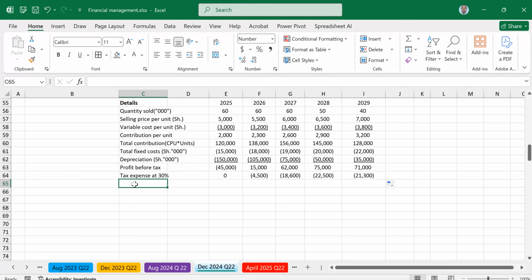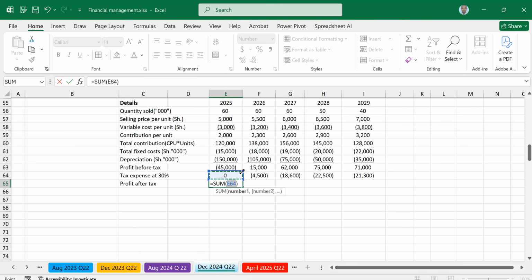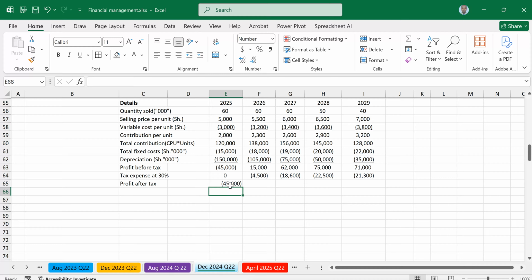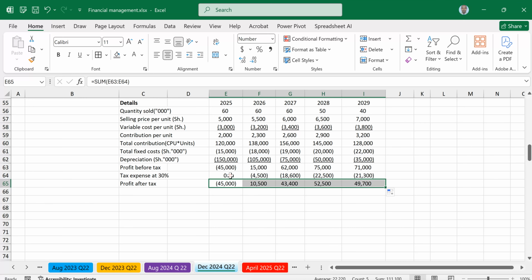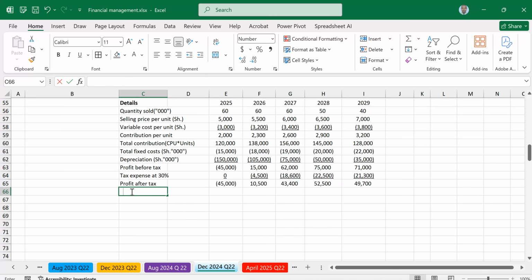Profit after tax. Alt equal, because you are adding 45 and the tax, that remains 45. Then drag across. That becomes our profit after tax. Add back depreciation. The purpose of depreciation is to provide a tax shield effect. Now that we've already gotten the tax shield effect, we simply add back depreciation.